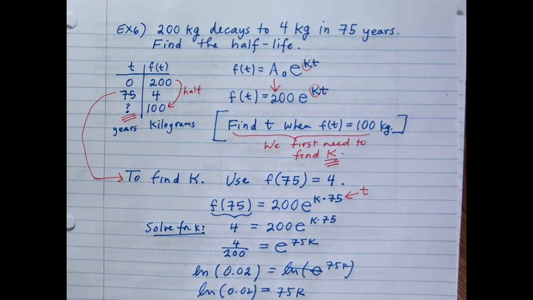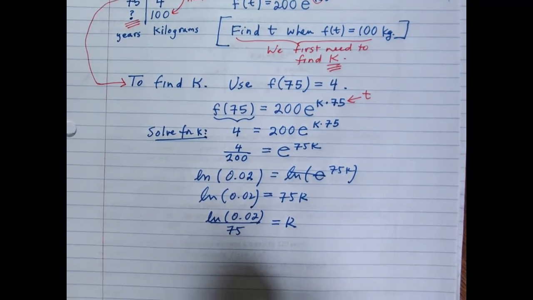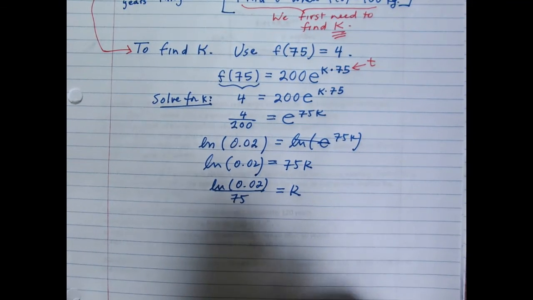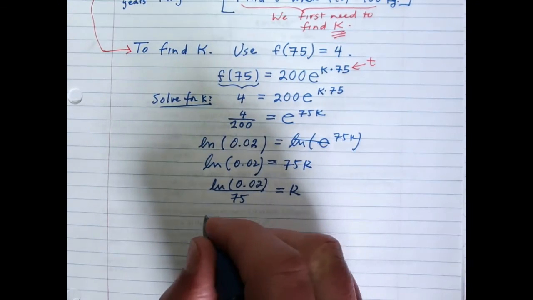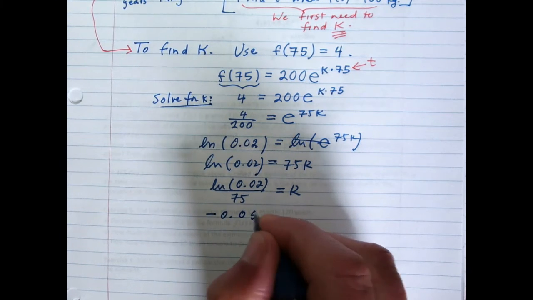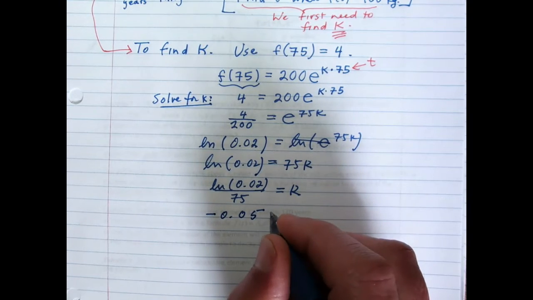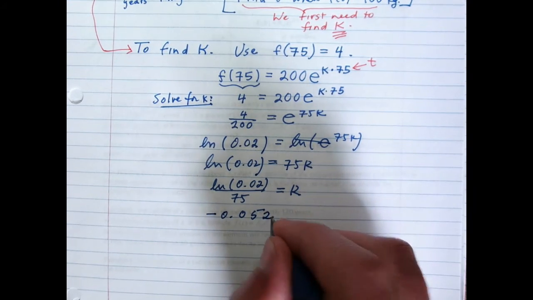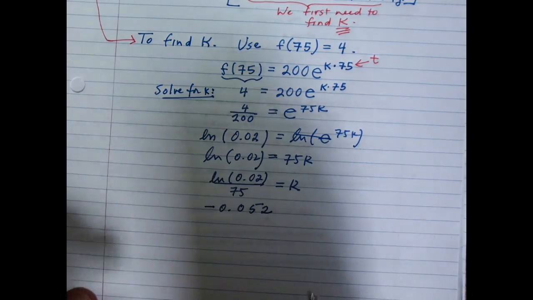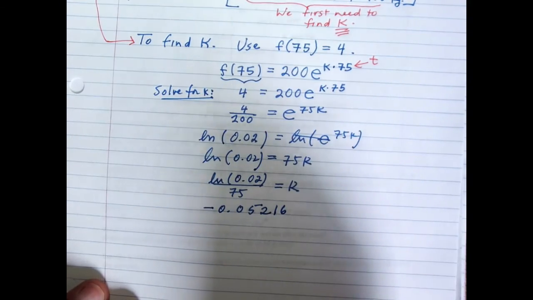And I get my value of k of ln of 0.02 divided by 75. Whoops, sorry, went down off the bottom. And it looks like I get negative 0.05216. Better keep a few decimal places here.